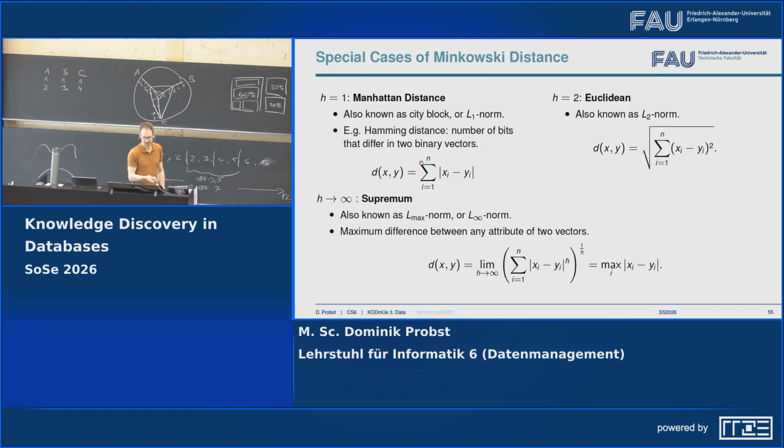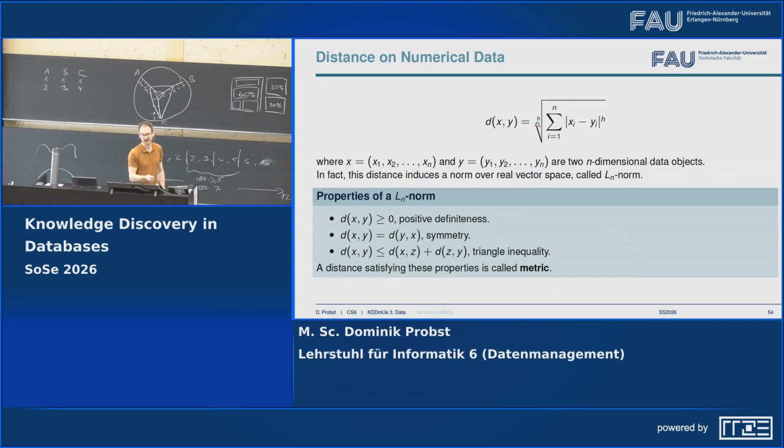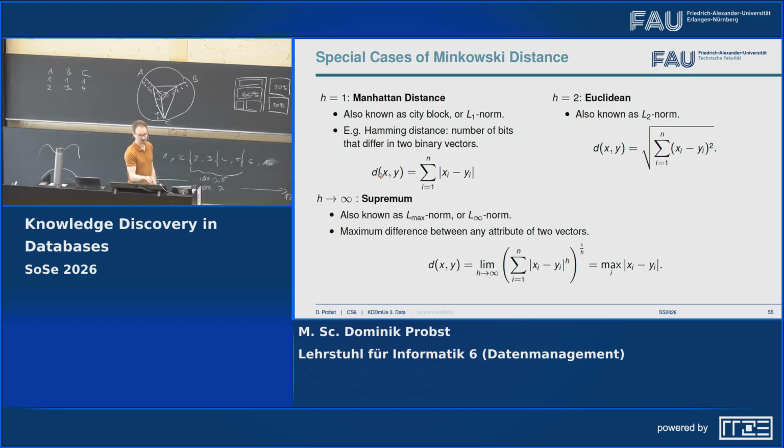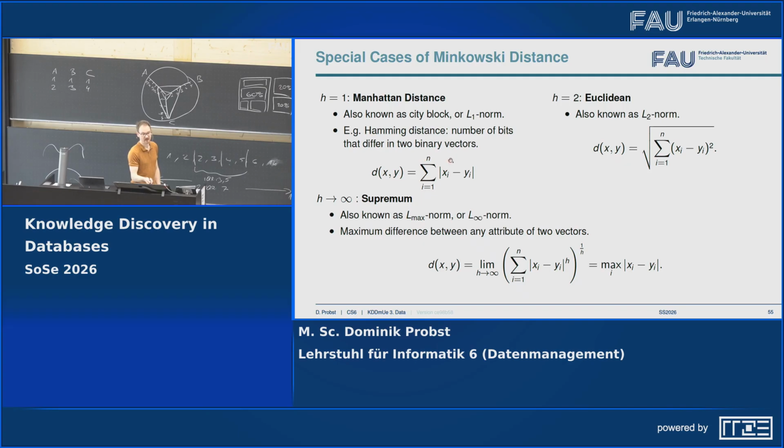So we put in this general formula h to 1, so we remove the root, and we also remove the square in here. And we end up with a formula like this, where we compare two different data objects against each other, and for each attribute of the two data objects, we simply subtract the value of the one data object of the other.